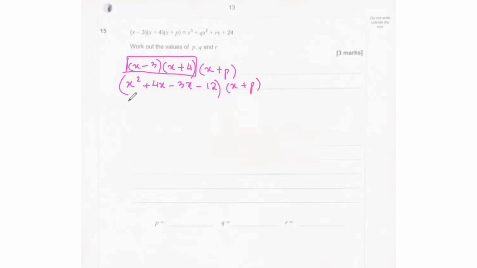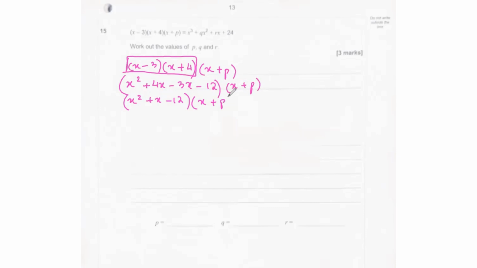I'm expanding the first two brackets first. That's going to be x squared plus 4x minus 3x minus 12, times x plus p, so x squared plus x minus 12.